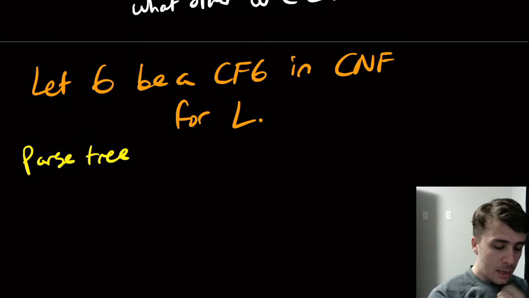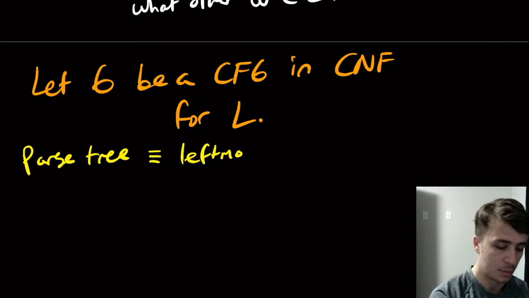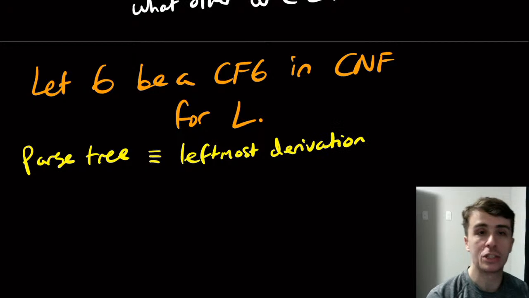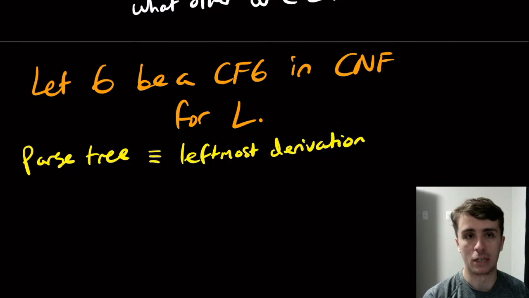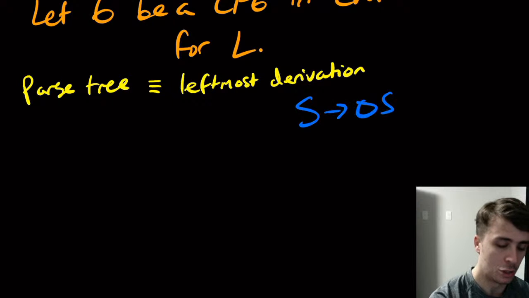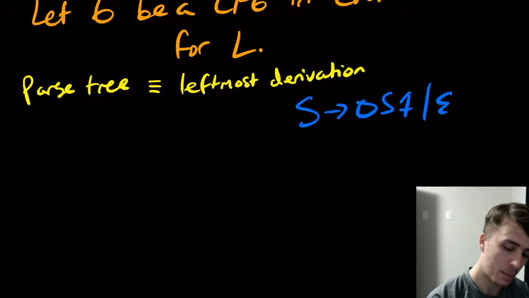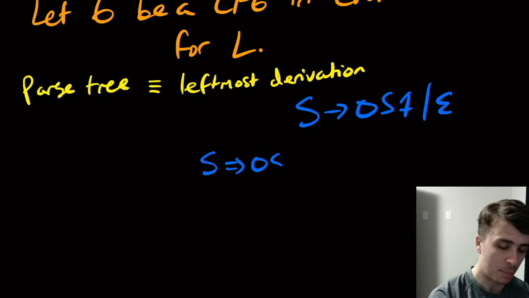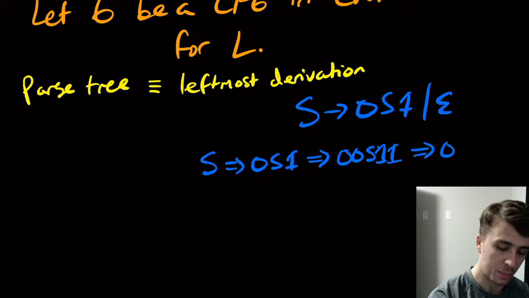A parse tree is equivalent to a leftmost derivation, which, remember, we can always assume that there is a leftmost derivation. Just as an example, if we have the famous grammar S goes to 0S1 or empty, then if we want to generate a string, we can apply rules like this.